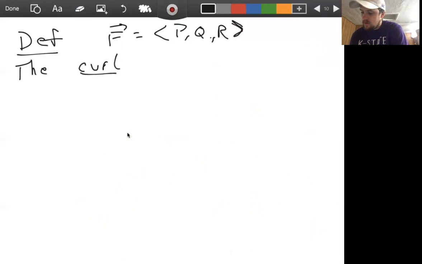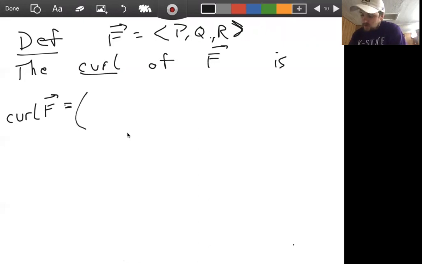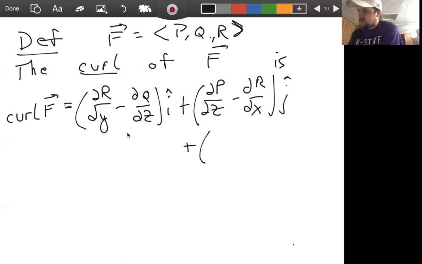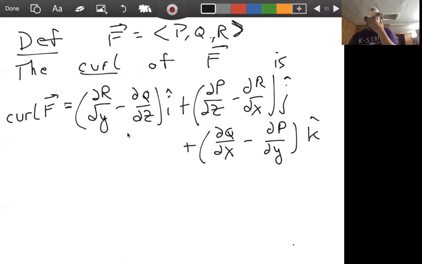The curl of F, and we write this as curl of F, is defined to be, now it's not fun to memorize, so you have dR/dy minus dQ/dz i hat, plus dP/dz minus dR/dx j hat, plus dQ/dx minus dP/dy k hat.